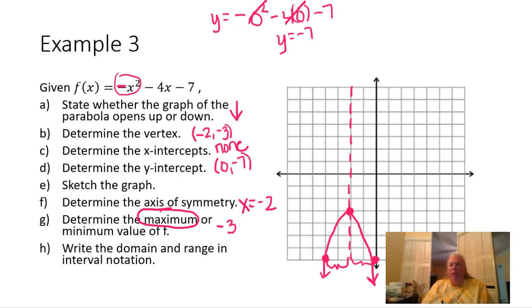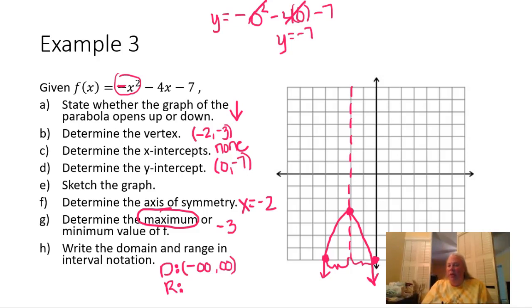For H, we want the domain and the range. Well, the domain, have you figured it out yet for all of these, is going to be -infinity to +infinity as long as my graphs are opening up and down, and for our intents and purposes, they will be. So the range is where you're really going to have to be doing your work. And remember, you're going from the lowest point to the highest point. Now be careful here. The vertex is not the lowest point this time. It was a maximum.